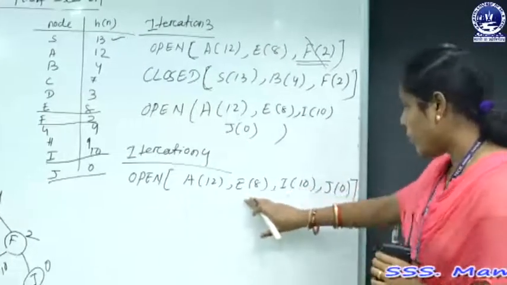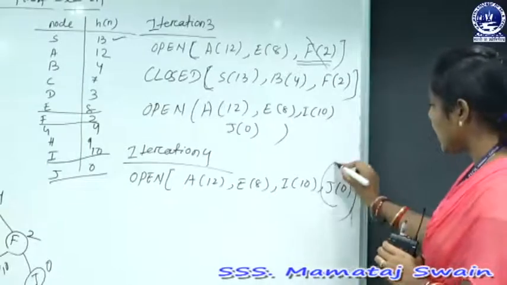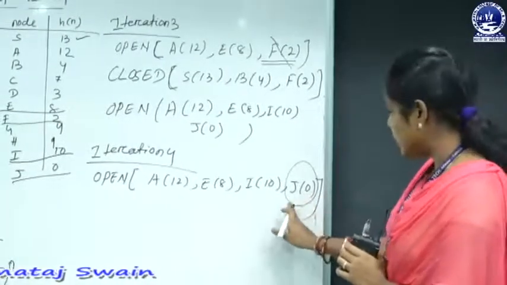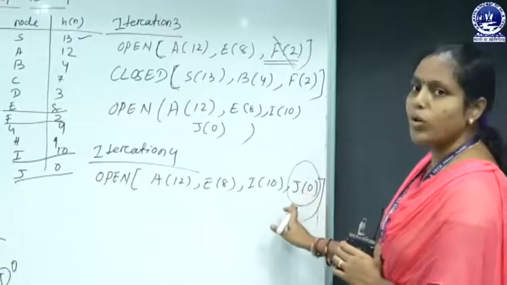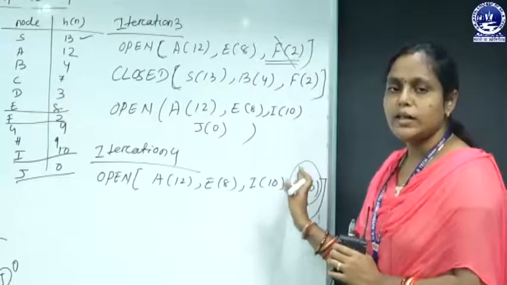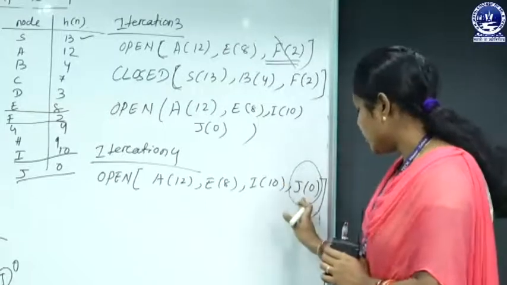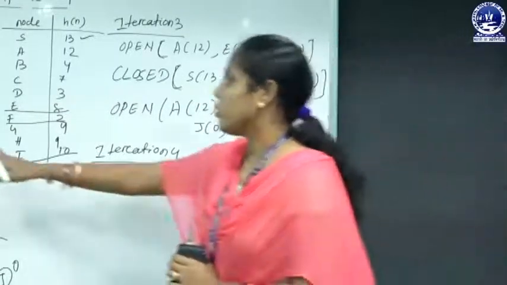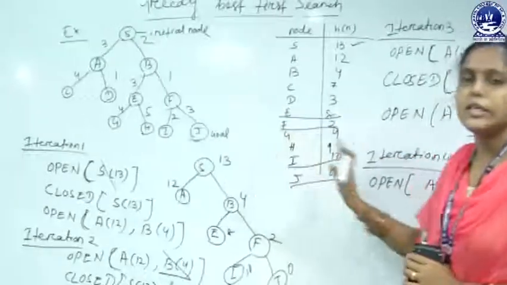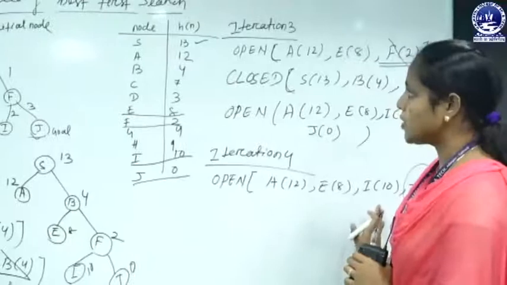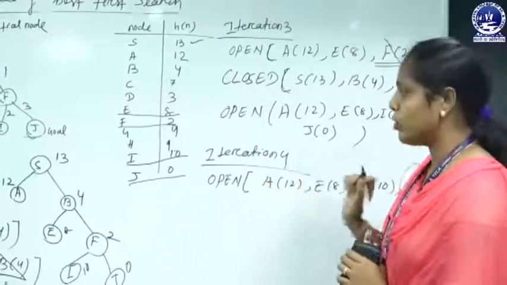Here, from all these nodes, node J has the minimum heuristic value, that is 0. That means we select node J and check whether this node is a goal node or not. Here node J is our goal node.